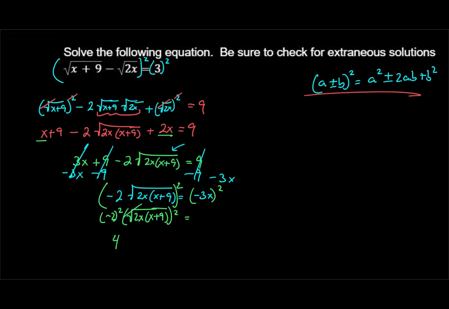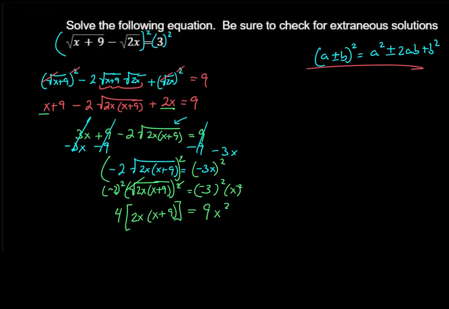Squaring and square rooting will cancel, so we'll have positive 4 times 2x times our x plus 9 on the left. And on the right, again, power of a product property will have us doing negative 3 squared and x squared separately, which will give us, on the other side, 9x squared.